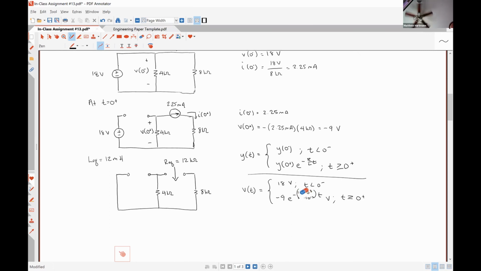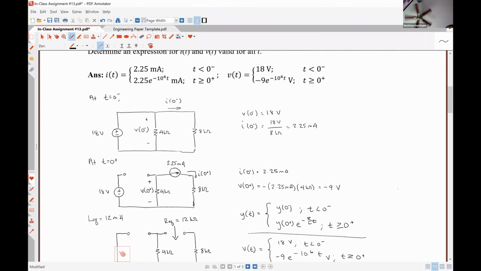So I'm going to just rewrite this as a single number instead of a ratio, just because it's a little bit more neat. So minus 10 to the 6 t. So let's check. And yep, there we go.